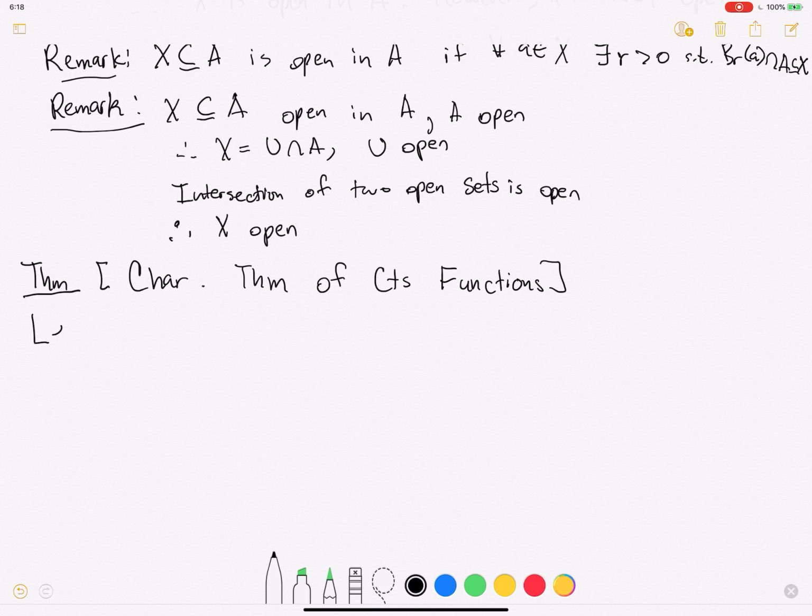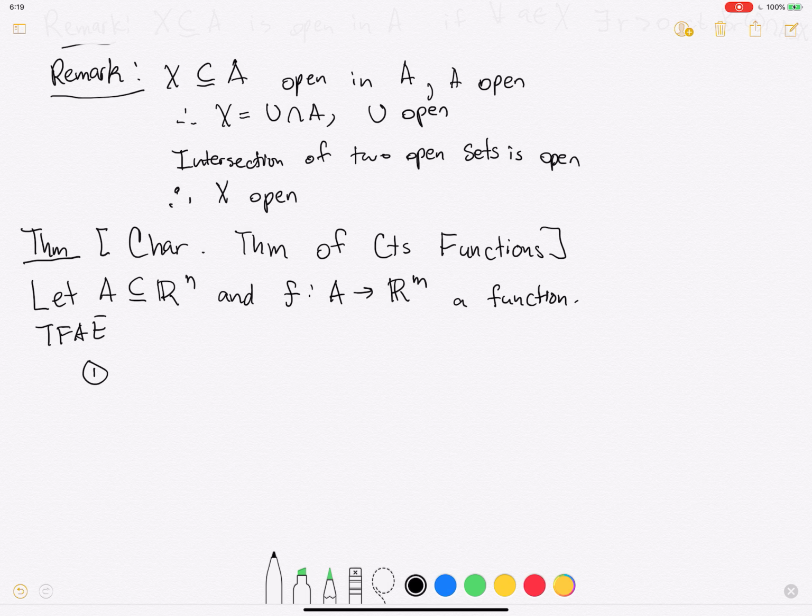So let A be a subset of R^n and f be a function from A to R^m. The following are equivalent. 1. f is continuous on A.